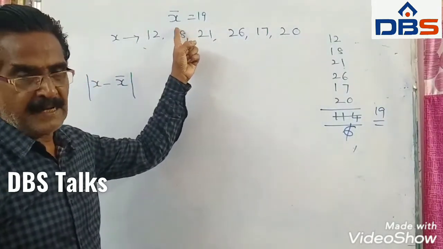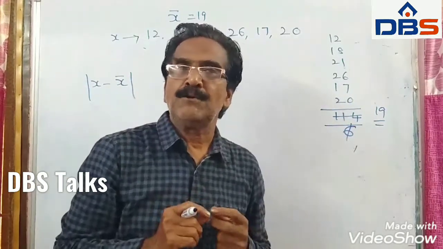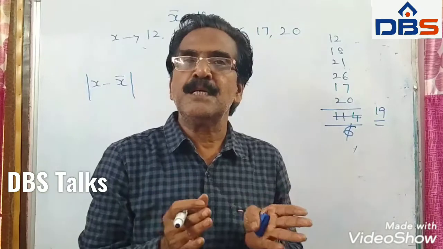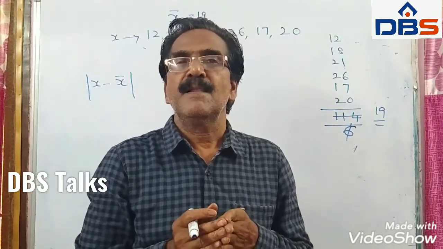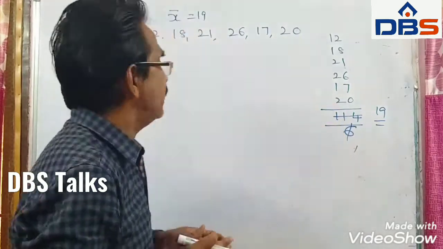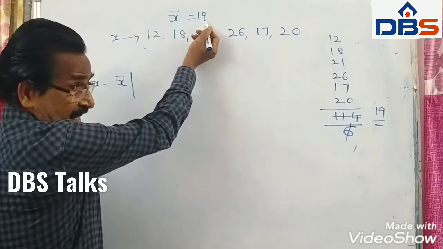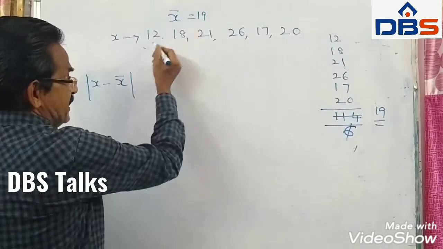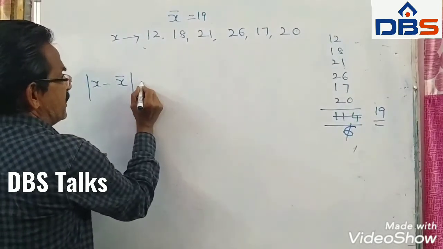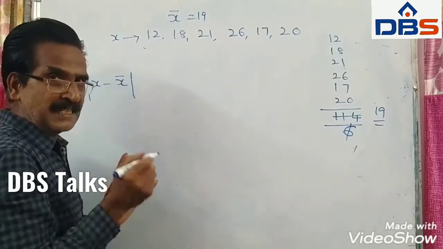What is the mean? 19. So now we have to find the absolute deviations from the central value mean, that is from 19. What is the deviation of these numbers from the central value? That is differences, absolute differences friends. So even if it is minus, you have to take it as a plus.